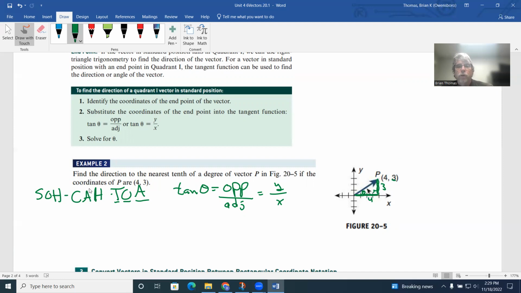If we substitute into the formula, we're going to have 3 over 4. To find the angle, we actually have to use the inverse tangent. So the inverse tangent of 3/4 is going to give me the angle theta. So theta is going to equal whatever that is. Let me use my calculator for the inverse tangent of 3/4.